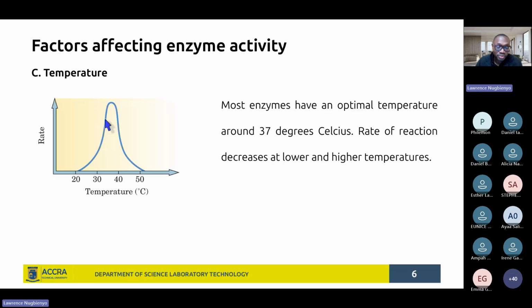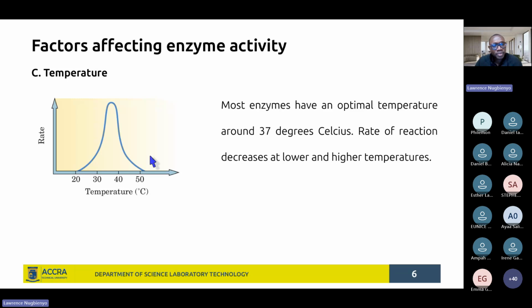So you have to consume it within a certain number of hours. If not, you have multiplication of these microbes, which will then release more toxins into the food and make it unwholesome.